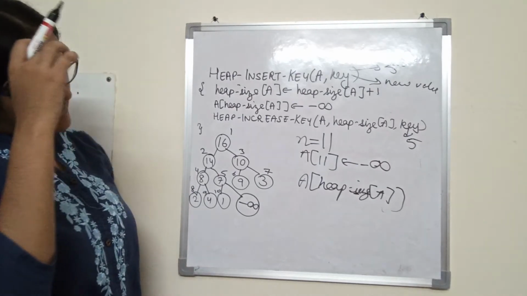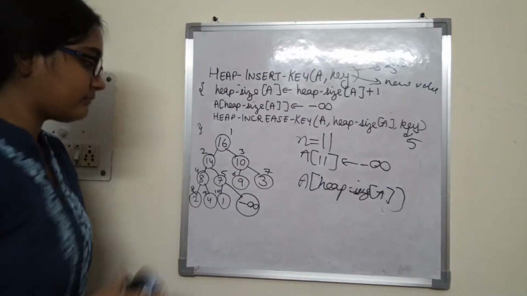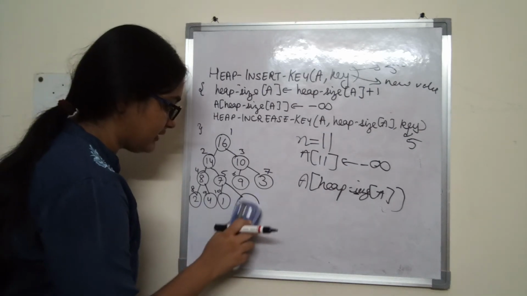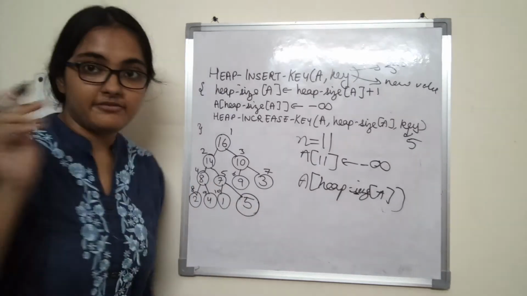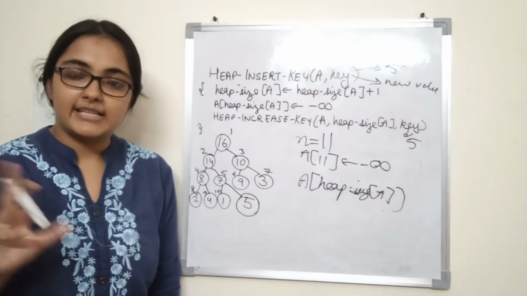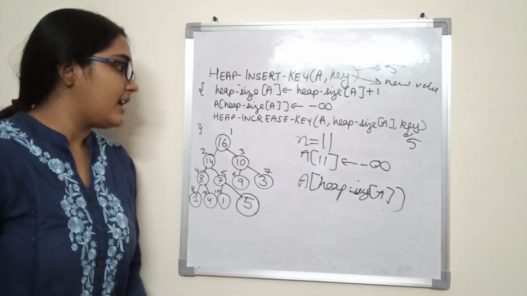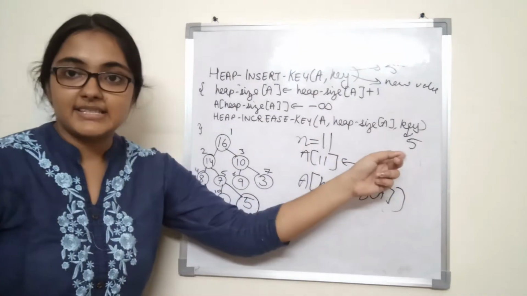So what will heap increase key do? It will just put 5 here, at A of I. First it checks the if condition, which says that if key is less than A of I, then print error. Can 5 be less than minus infinity?